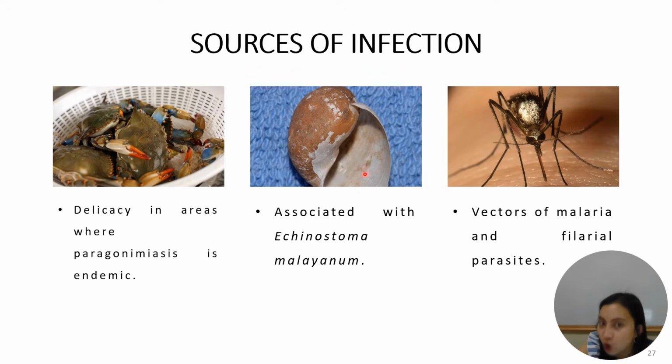So this is raw Bulastra snails, raw crabs, and some vectors of malaria and other filarial parasites are mosquitoes, flies, sandflies. So these are the different vectors that could transport the carriers of the pathogenic parasites.